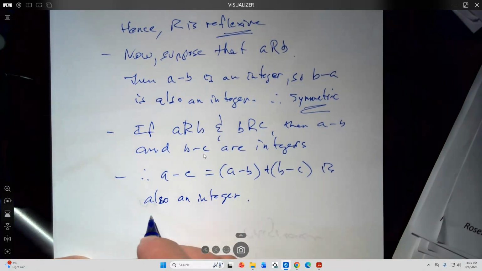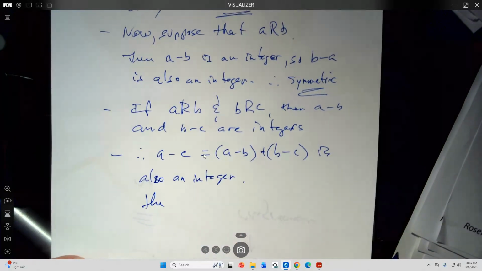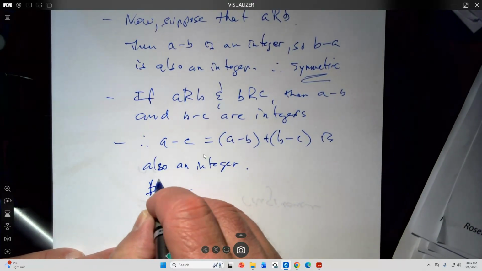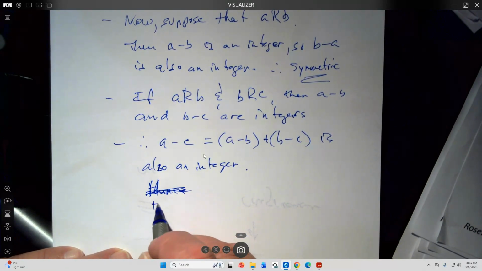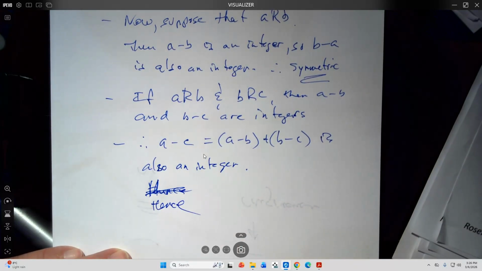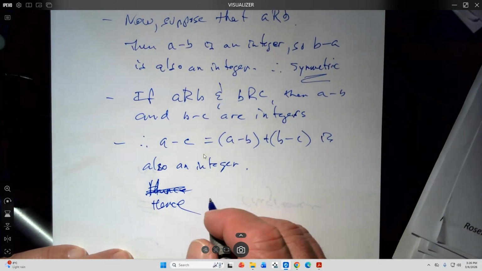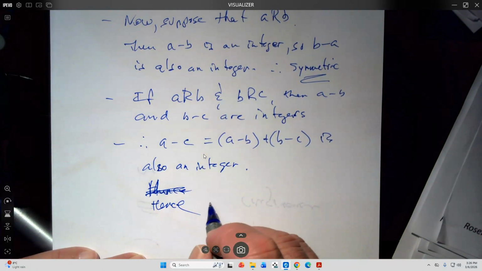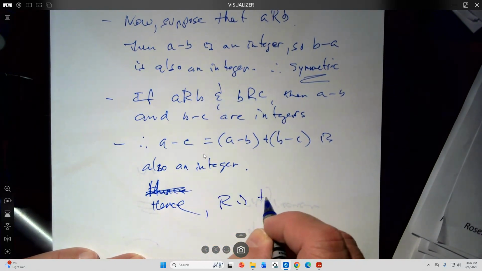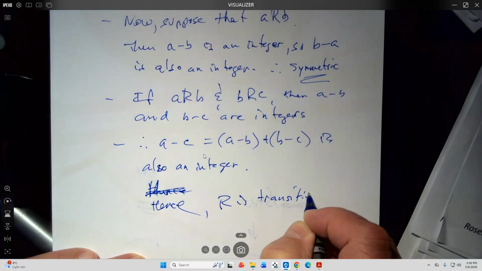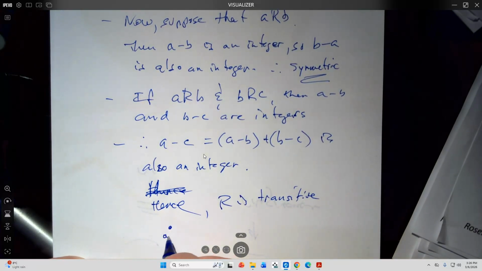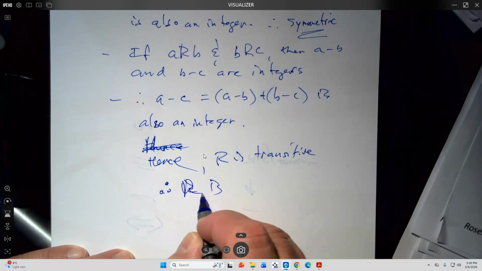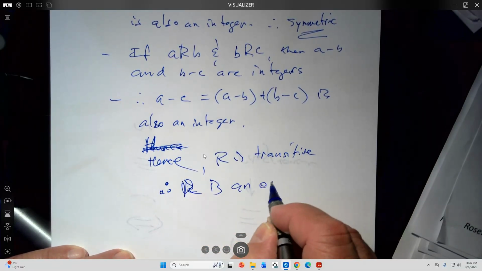Hence, you got it, we're done. Hence, R is transitive. Big conclusion, therefore, R is an equivalence relation.